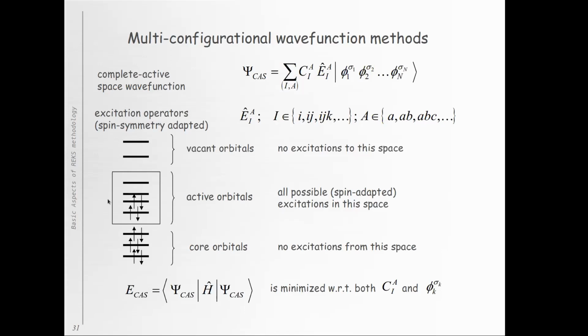In the wave function we do all possible excitations from occupied to unoccupied orbitals within the active space, within this subspace of the orbitals. This sometimes leads to quite a long expansion for the wave function, which is quite difficult to interpret.